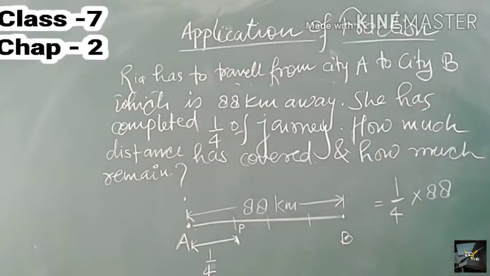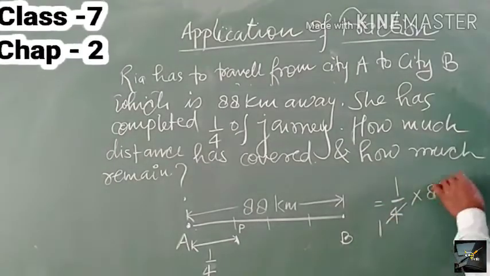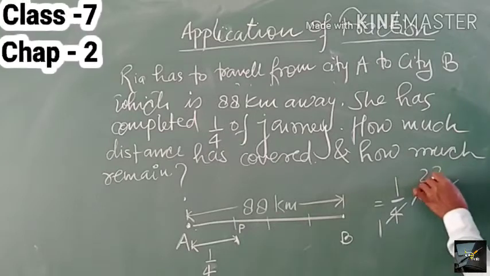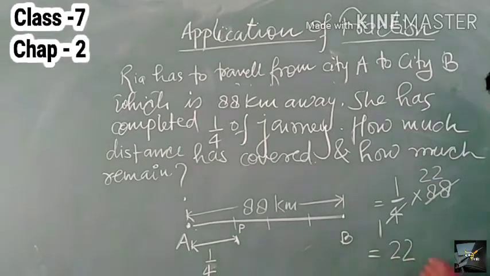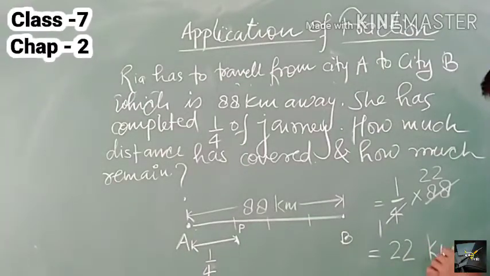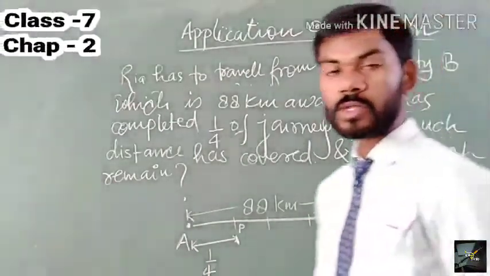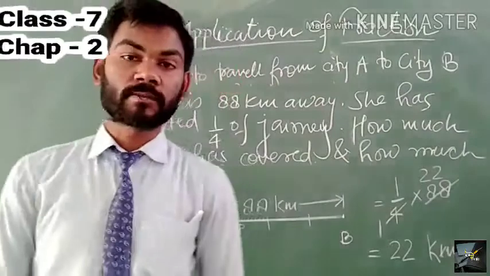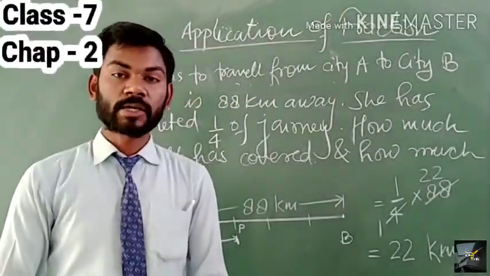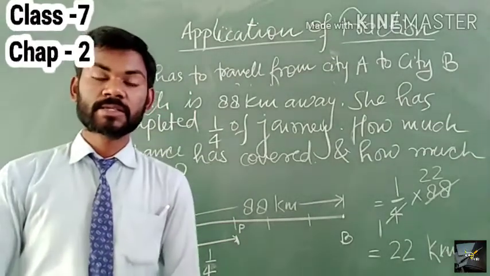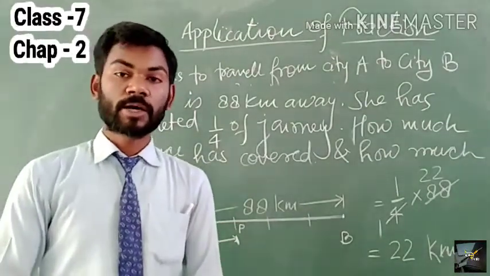When we solve, we get 4 1s are 4, 4 2s are 8 and 4 2s are 8. Therefore, she has covered 22 kilometers. The 1/4 of 88 kilometers is 22 kilometers. So 22 kilometers is the distance covered by Ria.